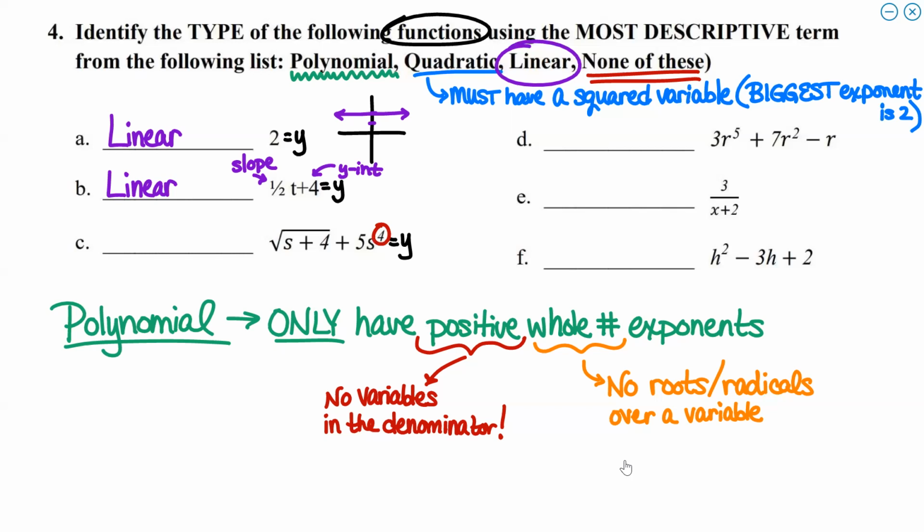Is there a variable underneath our radical? Yes. This piece right here is the exact same as a fractional exponent. Whenever you see a radical, it's the same as having a fraction as your exponent. Is this a polynomial? No.